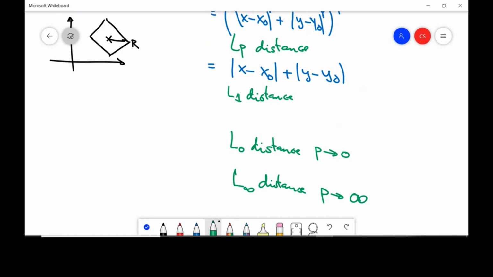So, yeah, this one is the number of elements different from 0 from this vector. So, number of elements different from 0. This one is the maximum over all coordinates of r minus r0.